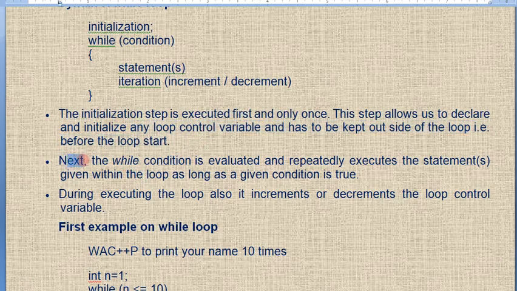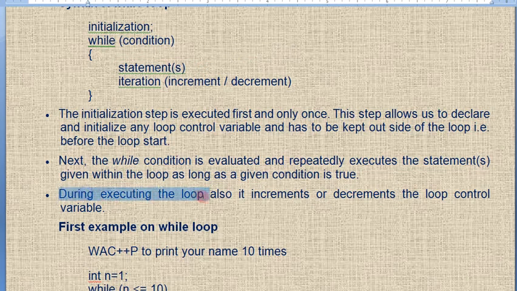Next, second part: now the while condition is evaluated and the statements given within the loop are repeatedly executed as long as the given condition is true. Until this condition is true, I told you before in this video itself, it will keep executing the statement you wrote here. It might be one statement, it might be more than one statement. Fine.